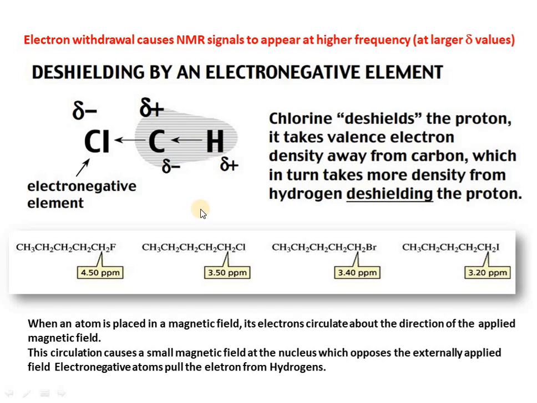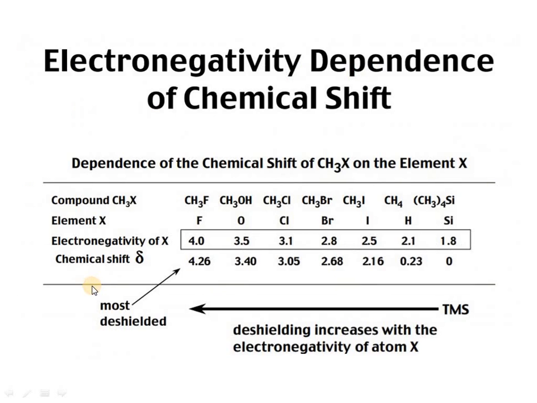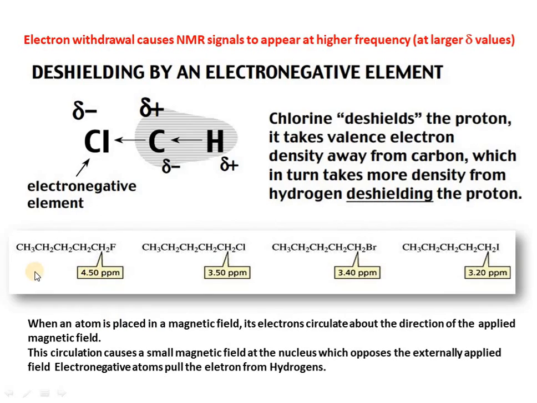So if we take up different groups attached, whether it is fluorine, chlorine, bromine or iodine, we easily see that fluorine is a strong electron withdrawing group, more electronegative. So in this, the signal is around 4.5, that is towards the left, and chlorine is less electronegative, so 3.5, bromine is still less electronegative, so around 3.4, and due to iodine it is around 3.2.